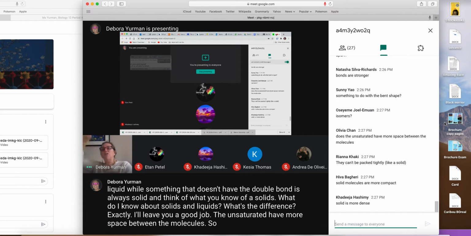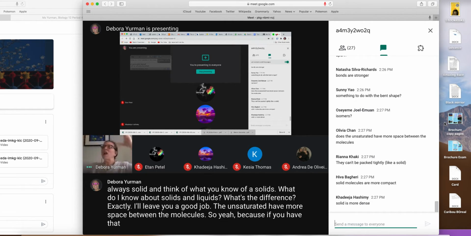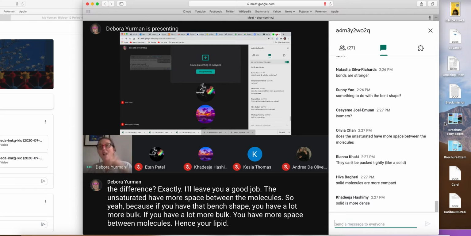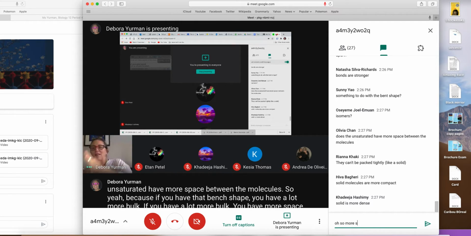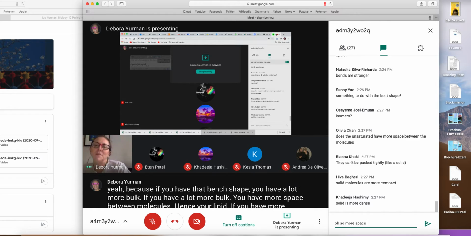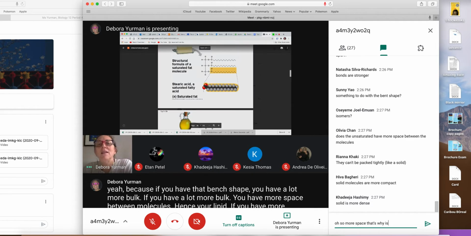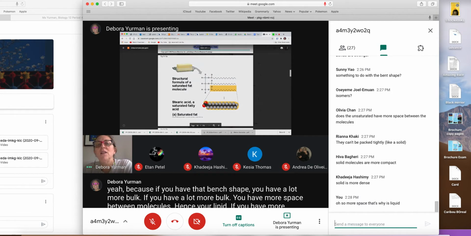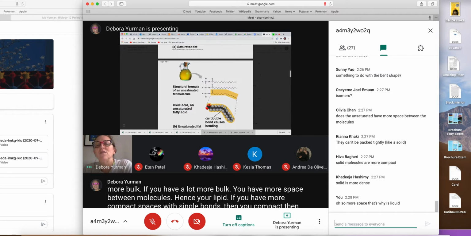So yeah, because if you have that bent shape, you have a lot more bulk. If you have a lot more bulk, you have more space between molecules, hence your liquid. If you have more compact spaces with single bonds, then you compact, then it's solid. Yeah. Okay? So that's why the saturated fats tend to be solid and the unsaturated fats tend to be liquid.